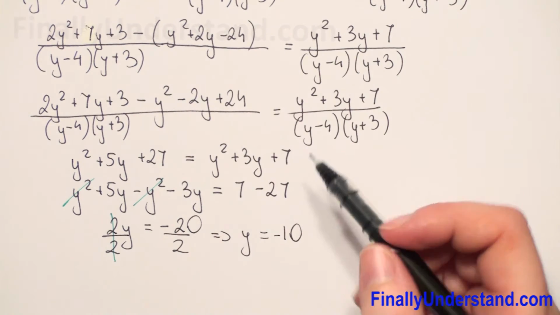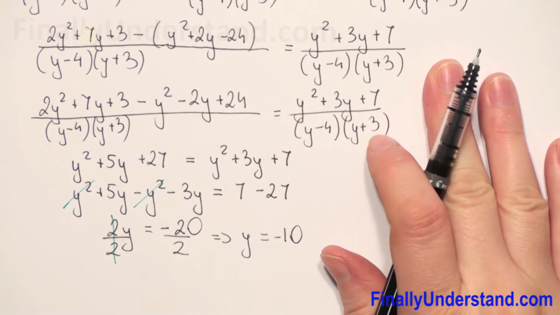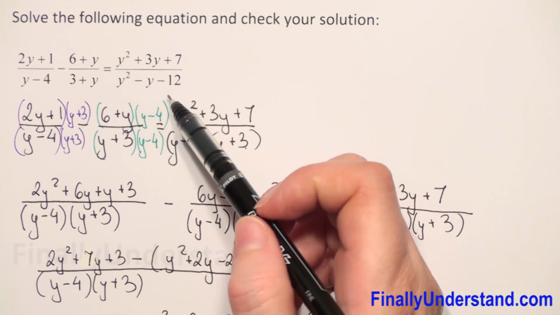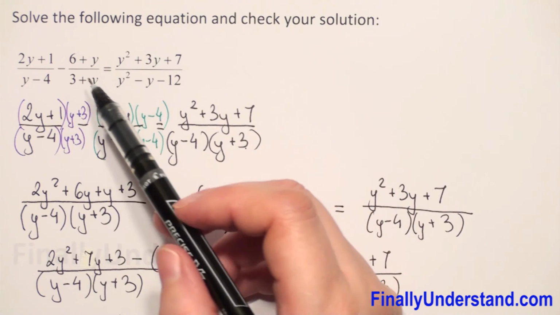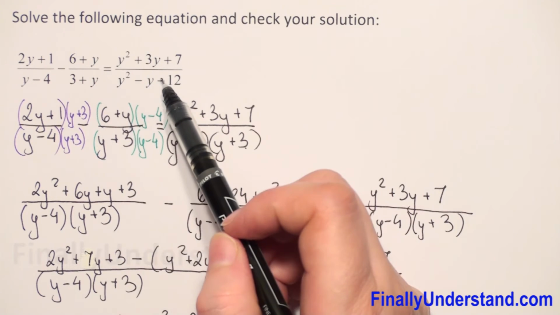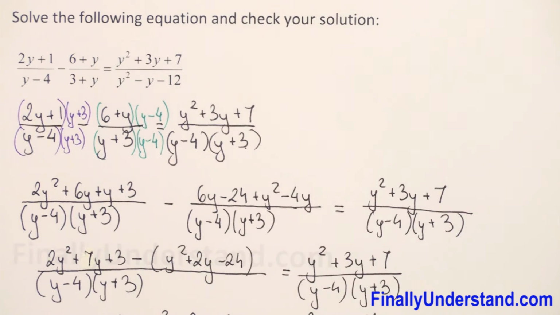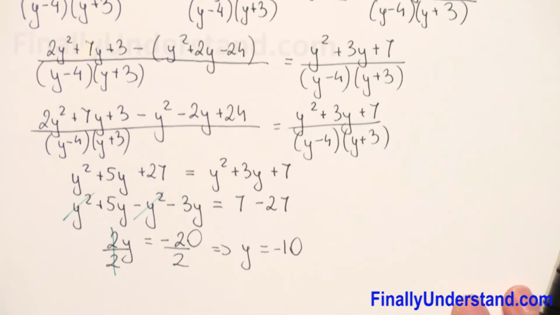So now we have to check if negative 10 is a solution for our fractional equation. How do we do this? We have to substitute every y in this equation by negative 10. So let's do this.